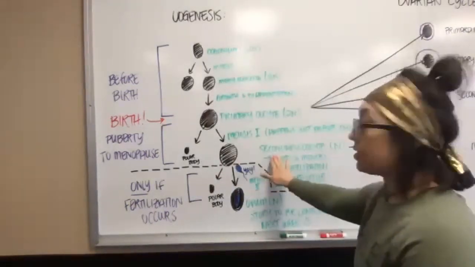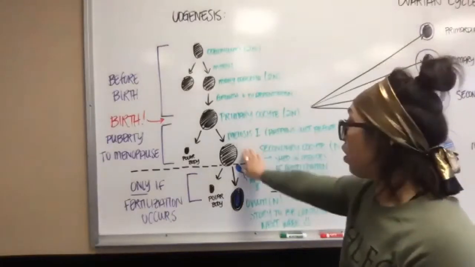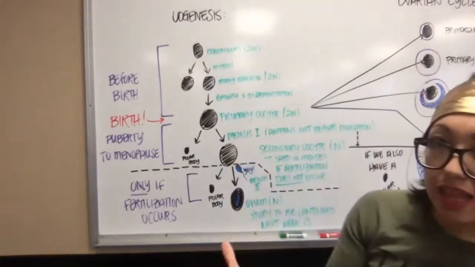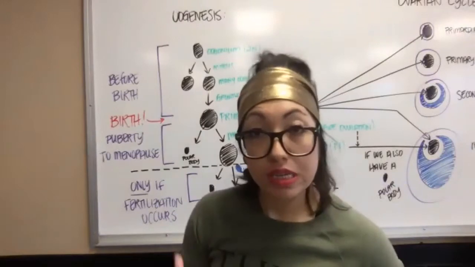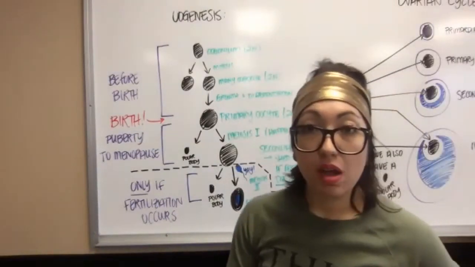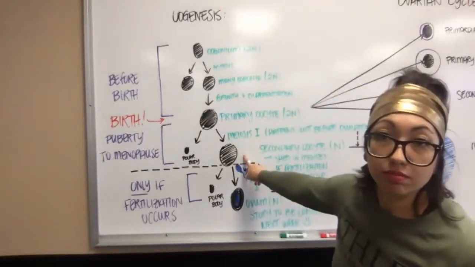So if she does not become pregnant, that secondary oocyte, that's as far as she went, okay? Another way that I like to explain this to help students conceptualize it, if a woman has never been pregnant, this is as far as she's gotten.